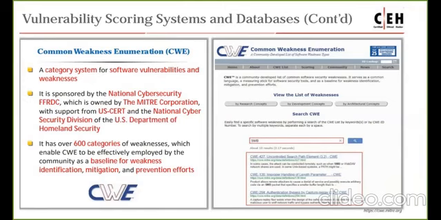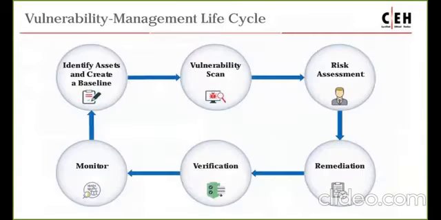For example, the different types of SQL injection, different types of SQL vulnerabilities, and the reasons for those vulnerabilities. That kind of information will be in the CWE. In CVE, it is all about the product. So these are very good resources for vulnerability research.